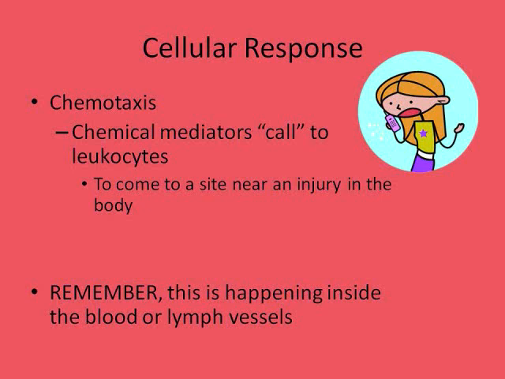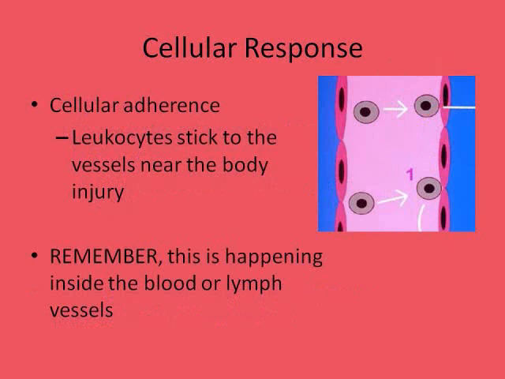Remember, this is happening inside the blood or the lymph vessels. So they travel through the blood to get near the injury, and then with the vasodilation and permeability, they leak through and get to the site of the injury. Cellular adherence. Well, the leukocytes get drawn to the site, near the site of the injury, and then they stick to the vessels.